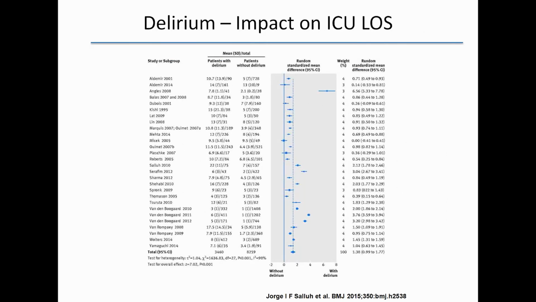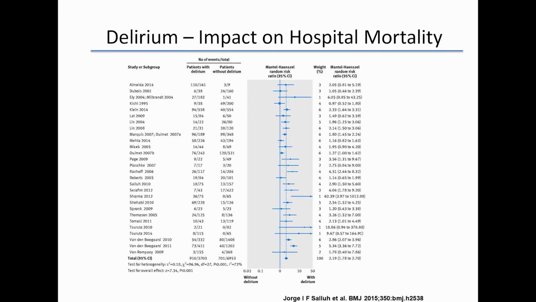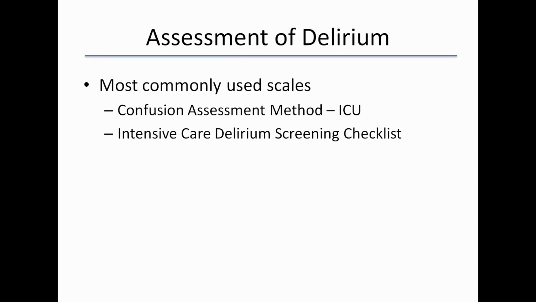Among patients who develop delirium, their length of stay in the ICU is longer by 1 day and 9 hours. And finally, their odds ratio of hospital mortality is 2.19. So clearly, delirium is a major problem, both while they are in our ICU, and it impacts what's going to happen to patients after they've left our ICU.